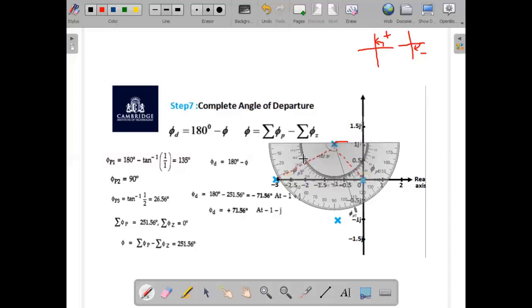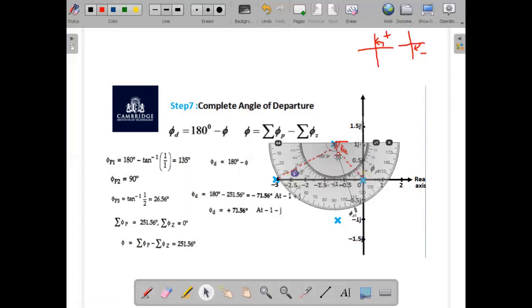Now let me mark this angle. And this angle is exactly the angle of departure phi d for the complex conjugate pole at minus 1 plus j.